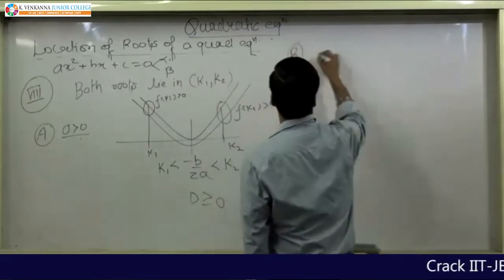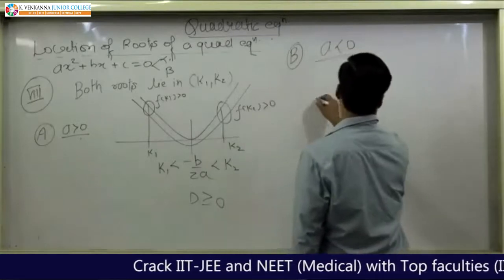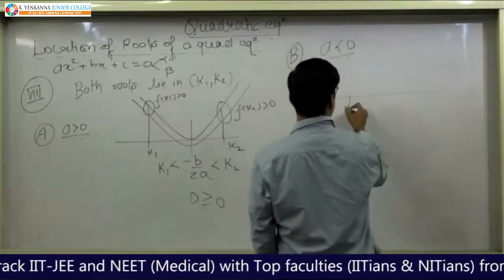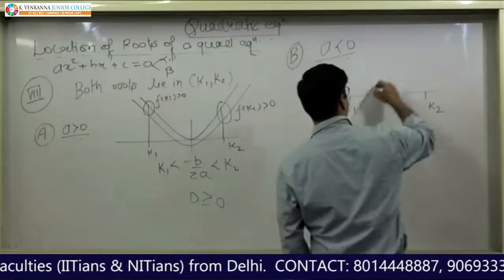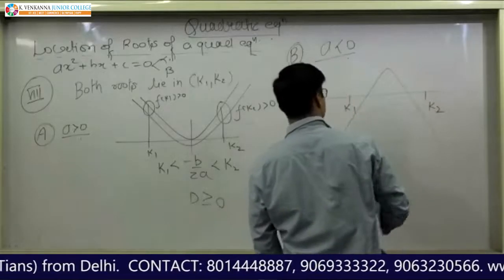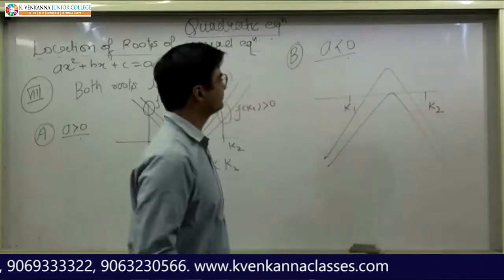Let's say your leading coefficient is negative. This is your K1, this is your K2. So it should look something like this, or just touch the x-axis and turn back.